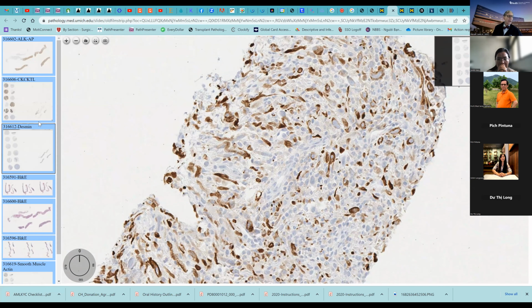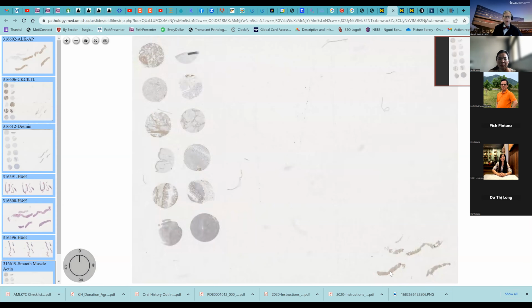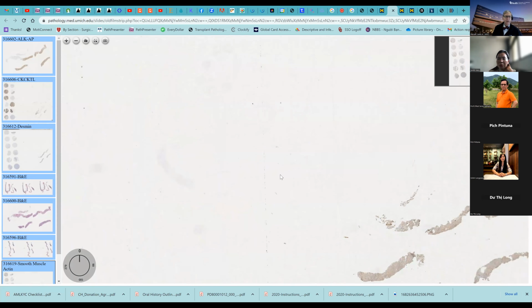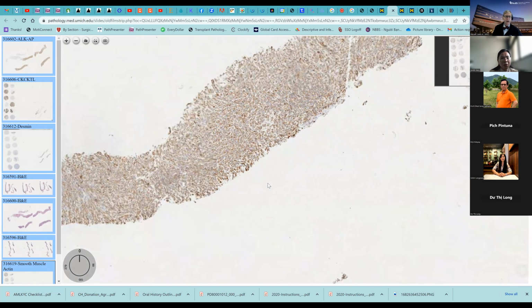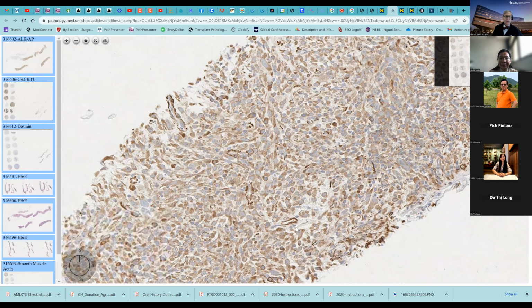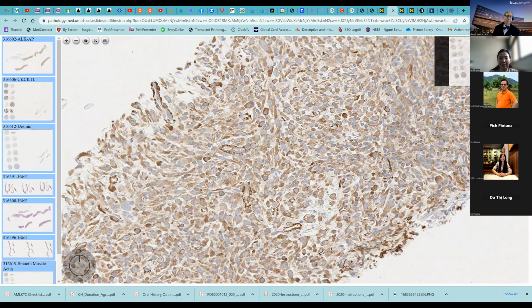And here is the smooth muscle actin, which shows much stronger positivity in virtually all the cells, as you can see here. So there's the myofibroblastic component.